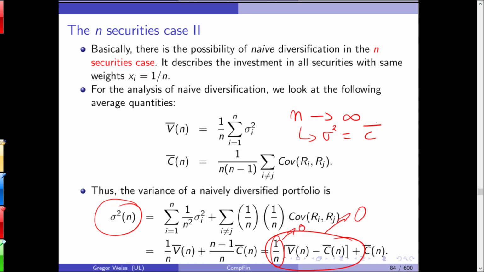C bar. So if n approaches infinity, the variance of this naively diversified portfolio still remains at the average covariance. So without looking at the covariances and the correlation structure between the individual assets, naive diversification brings you nothing. You need to exploit the correlation structure between the individual assets.